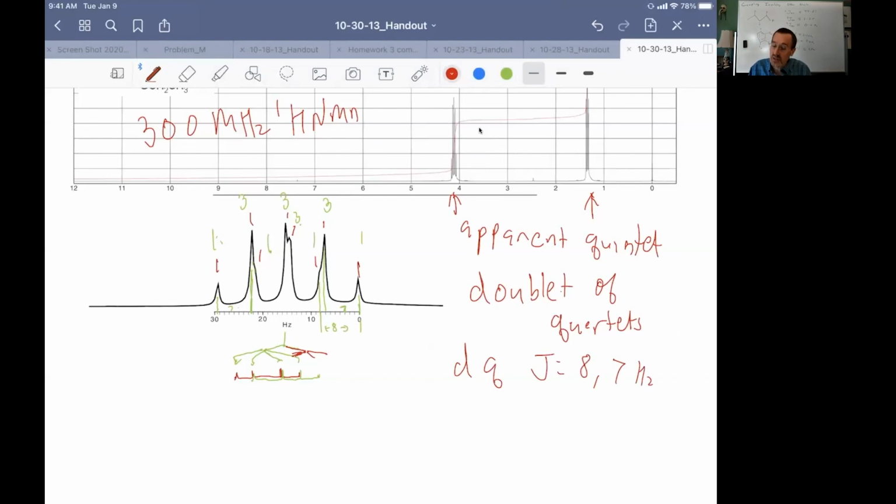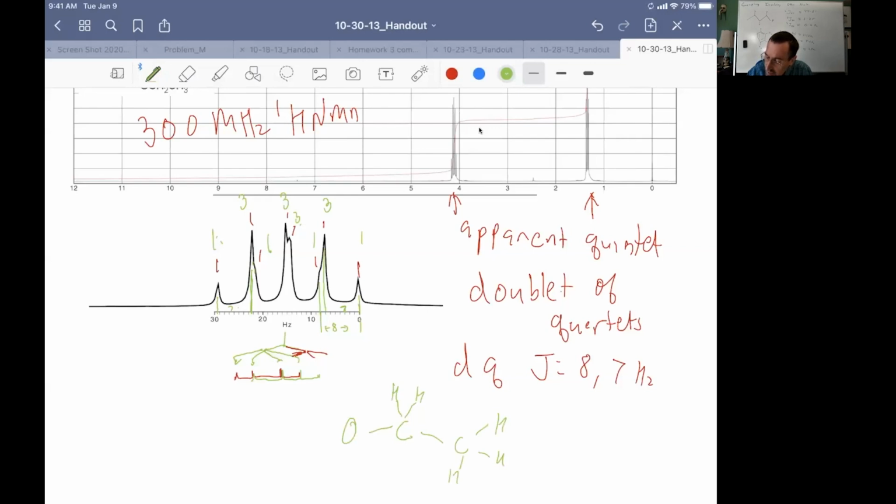And those numbers, of course, are just read to the nearest unit as best as I can on this scale. But that's some guidance here in terms of what we're seeing. Now, what is giving rise to this coupling? So this is our CH2 group here, and it's next to a CH3 group.